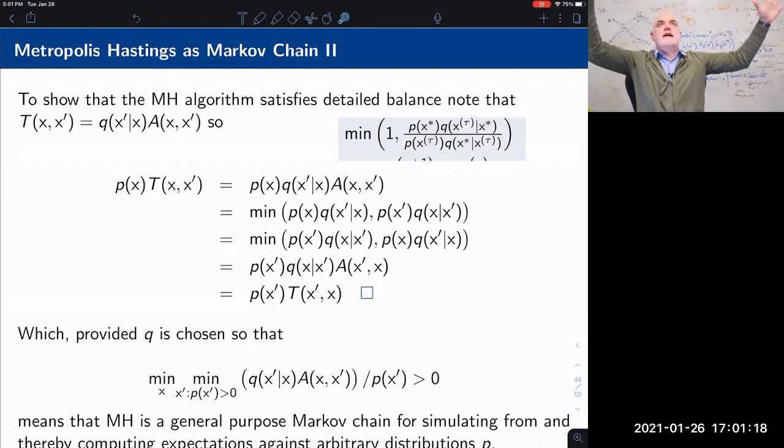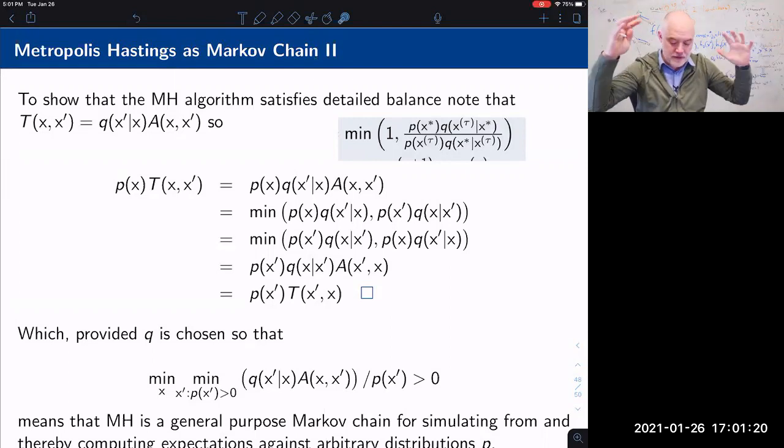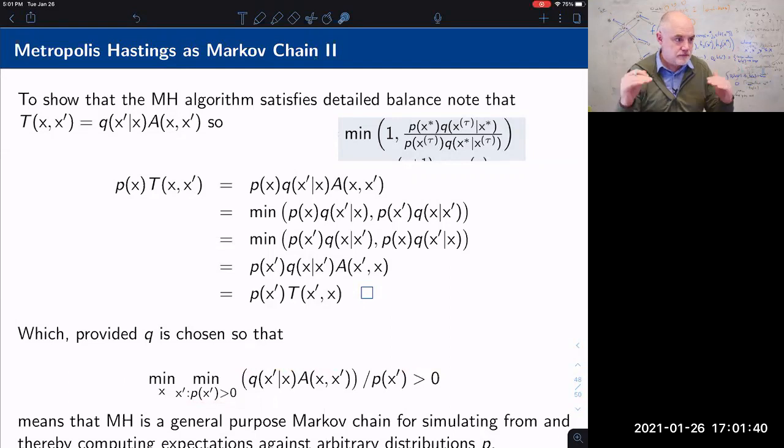So we have the algorithm. There's a transition operator. Transition operator can be shown to satisfy detail balance. Detail balance, ergodic Markov chain. Choose Q such that this condition holds, which basically means you can transition anywhere. You get strong law of large numbers.